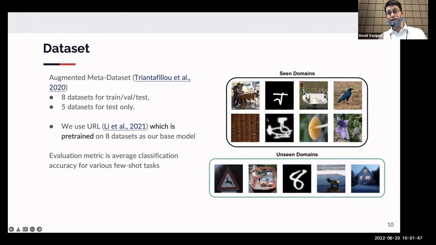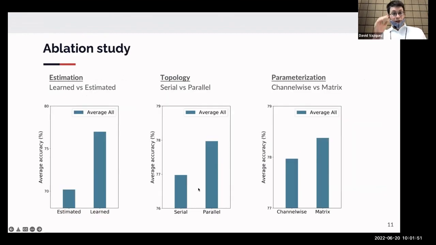Here you can see the seen and unseen domains in this dataset. In our analysis, first we looked at how they should be estimated, and found that learning them directly from the data is much more effective.